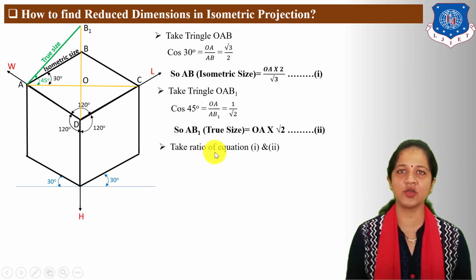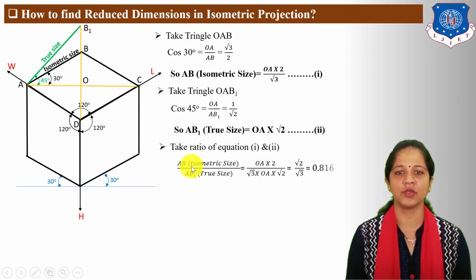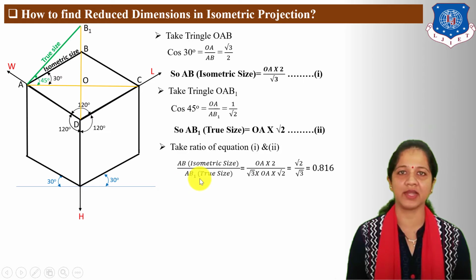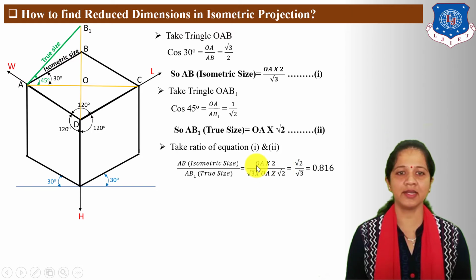Next, take the ratio of equation number 1 and equation number 2. So AB isometric size divided by AB1 true size is equal to OA into 2 divided by root 3 into OA into root 2. Here OA cancels. 2 is root 2 into root 2.